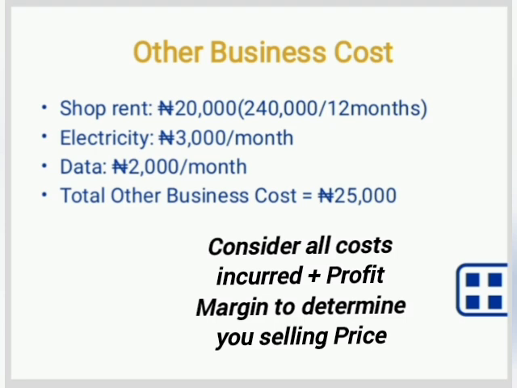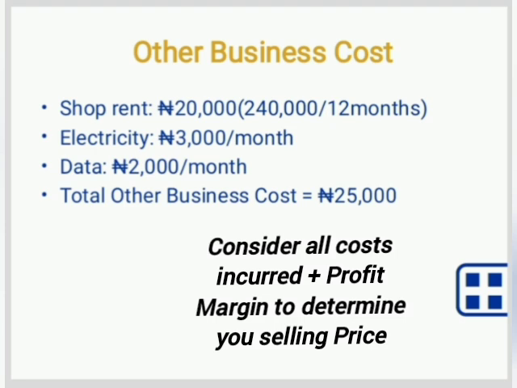It's not just the cost of purchasing the product only. No, every cost you incur for that product to be in its best condition are the costs you should recognize when determining the selling price.